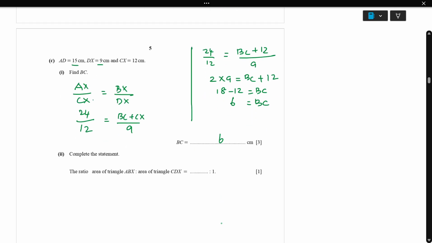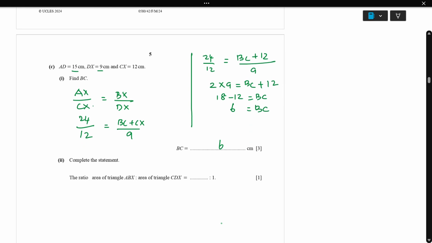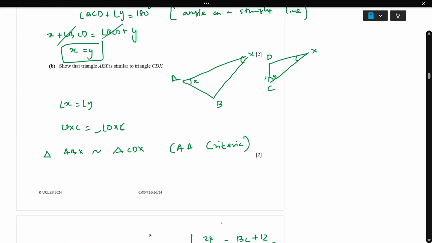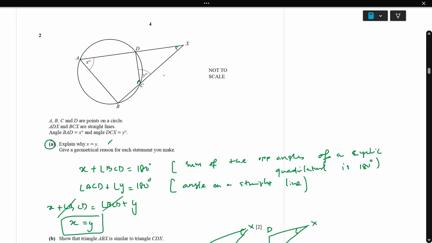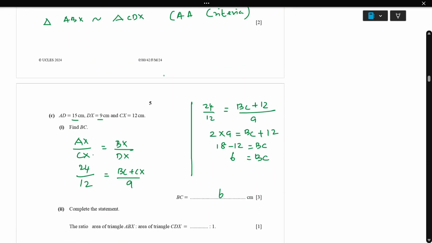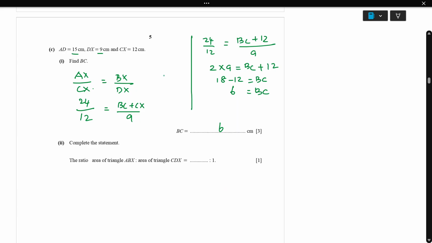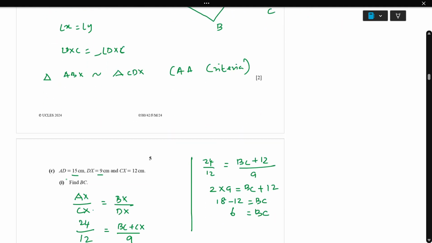Next, to complete the statement: the ratio of triangle ABX to triangle CDX, the bigger triangle to the smaller triangle. Now we know the entire AX is 24 and CX is 12.